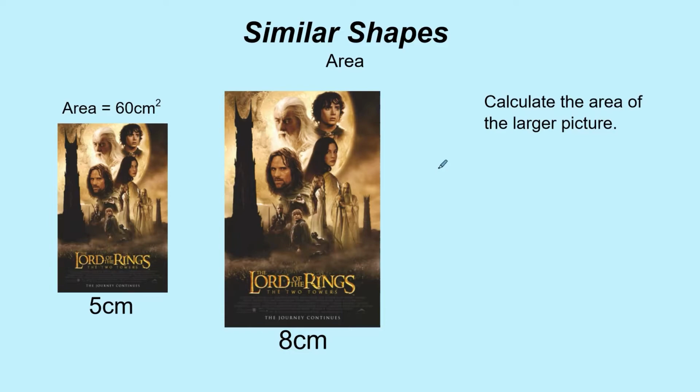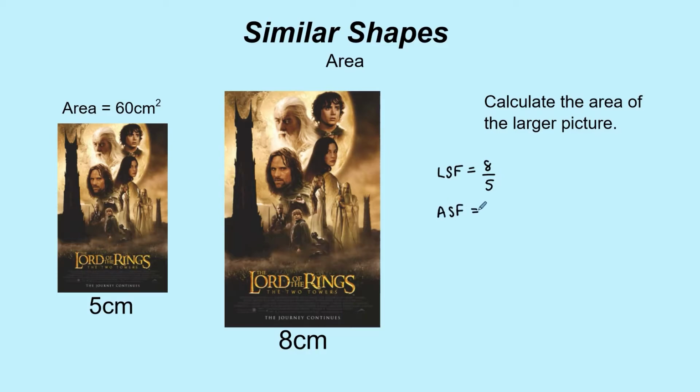So we start off as we did last time, with a length scale factor, but this time we're looking for the area of the bigger picture. So the length scale factor is 8 over 5. That one doesn't simplify this time, but we want an area scale factor, not a length scale factor.